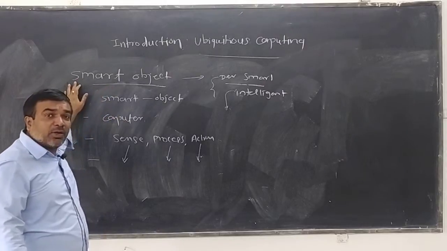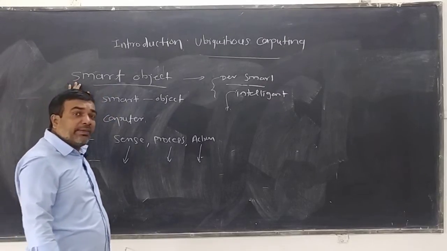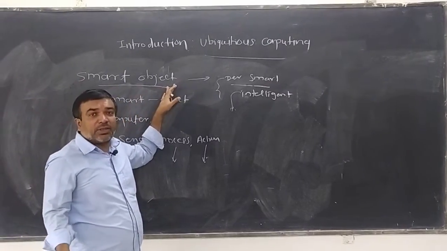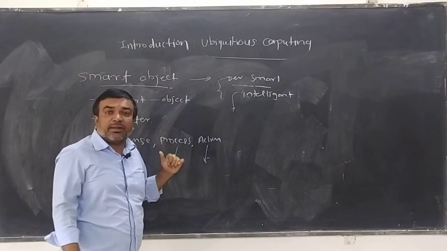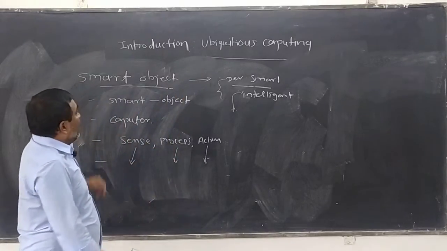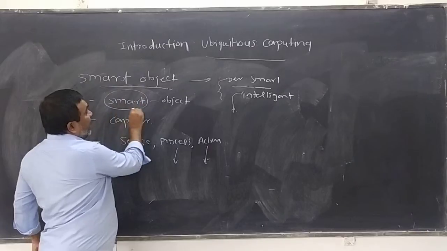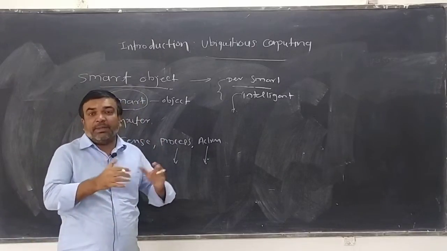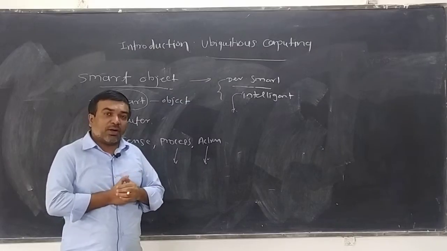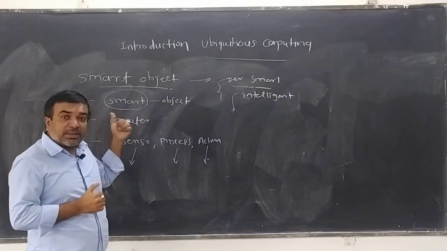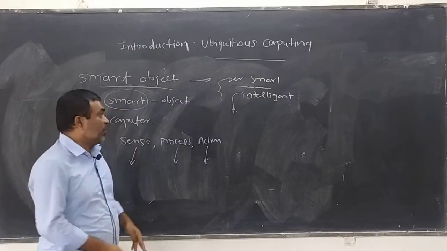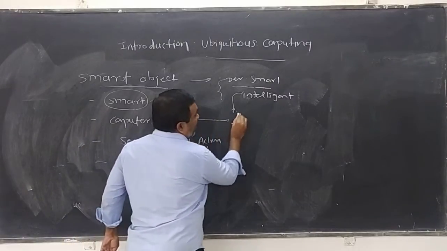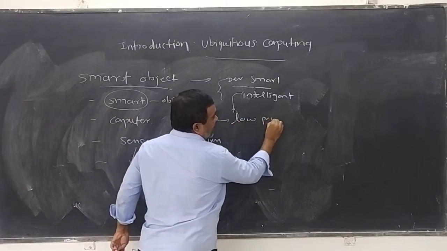So smart and intelligent seem to be a little bit different in this scenario. We are talking about a smart object, smart device, intelligent device, for the purpose of ubiquitous computing. Every device that will be helping the user for cognitive work must be smarter. What is that? It is low power, idle expectation.